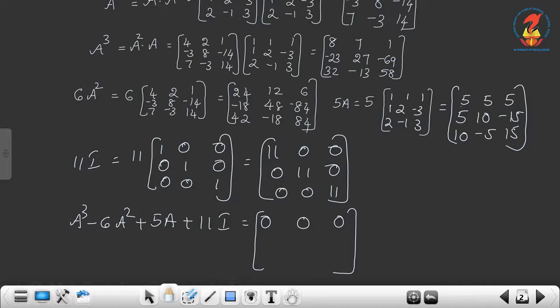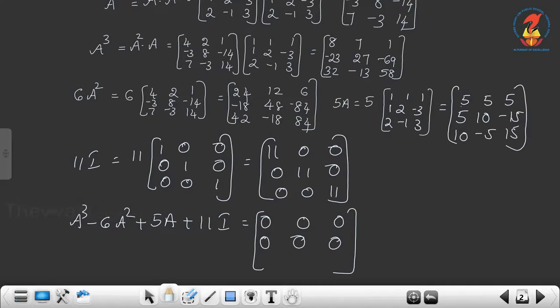Next row, minus 23 plus 18, that is minus 5, plus 5 is 0. 27 minus 48 plus 10 plus 11. 27 plus 10 is 37, 37 plus 11 is 48, 48 minus 48 is 0. Then minus 69 plus 84 minus 15, that is 0.